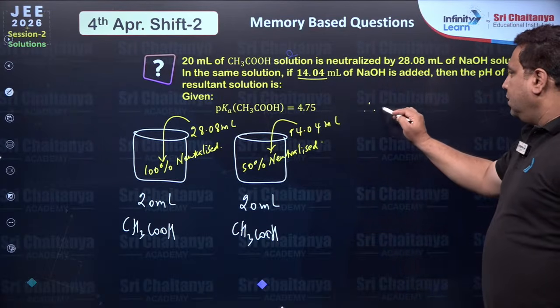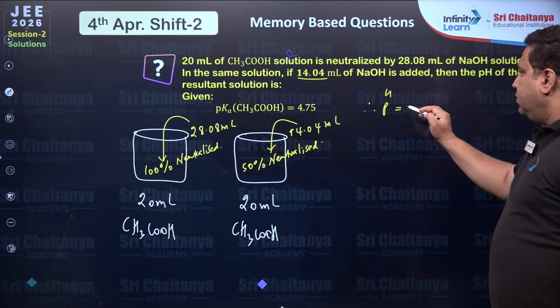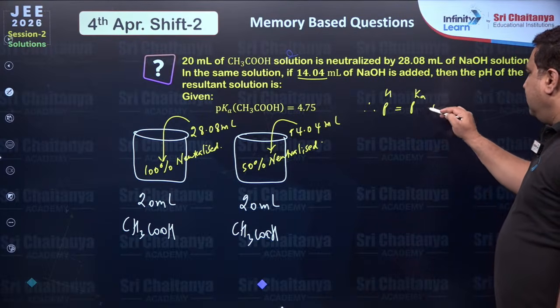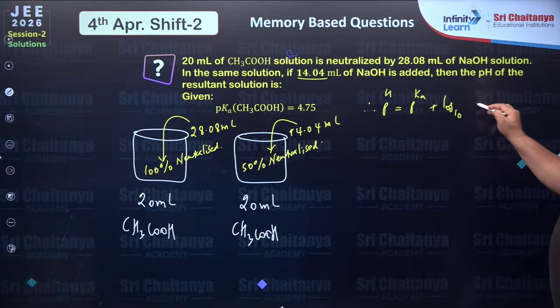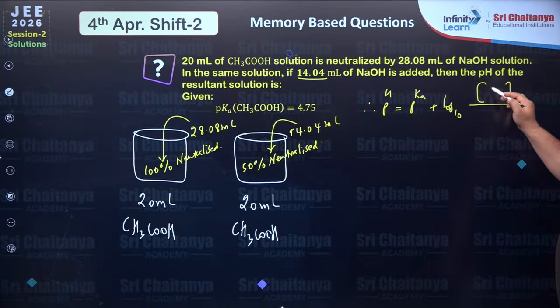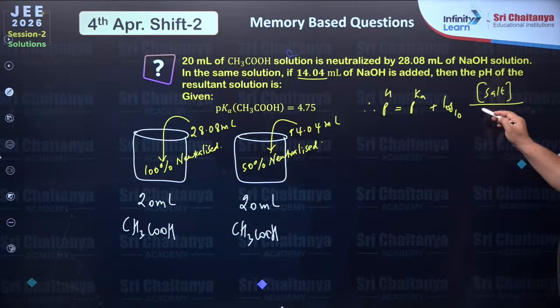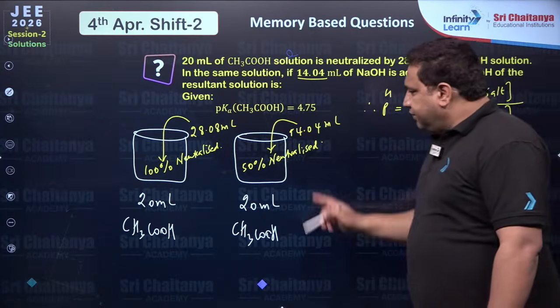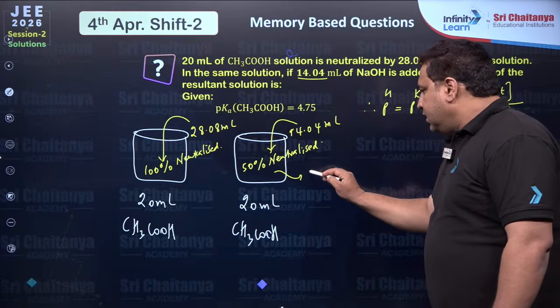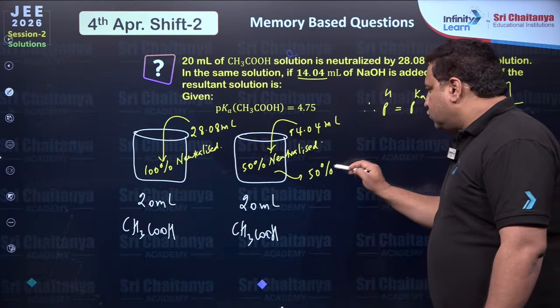Therefore, pH is equal to pKa plus log base 10 concentration of salt upon concentration of the weak acid. So everybody tell me, if 50% is neutralized, then do you agree that 50% salt will form?